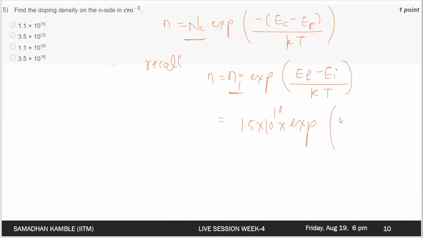So we substitute 0.35 divided by 0.0259 for temperature 300 Kelvin, and we get the doping density as 1.1 times 10 to the power 16 per centimeter cube.